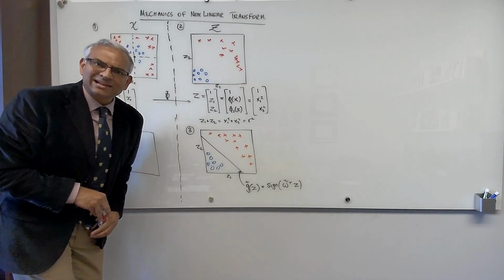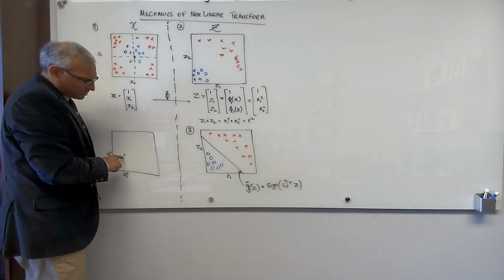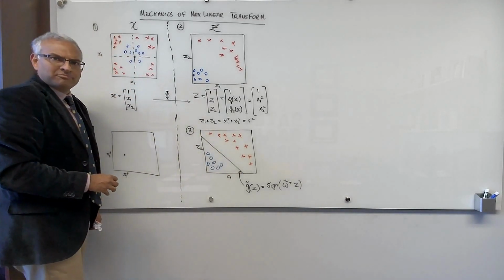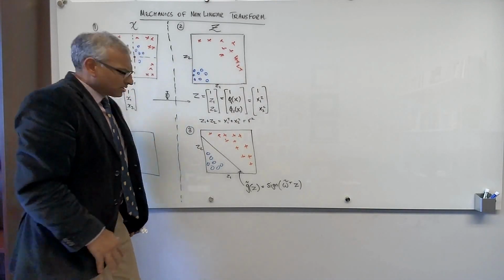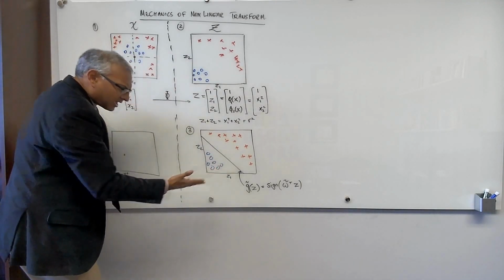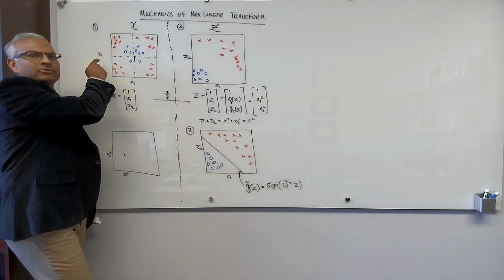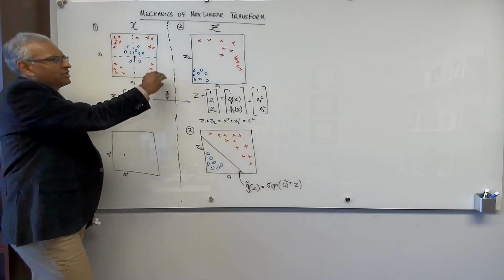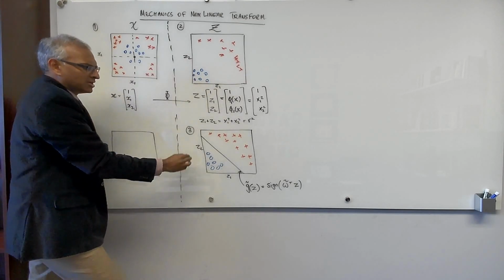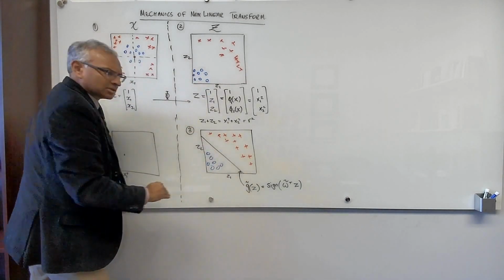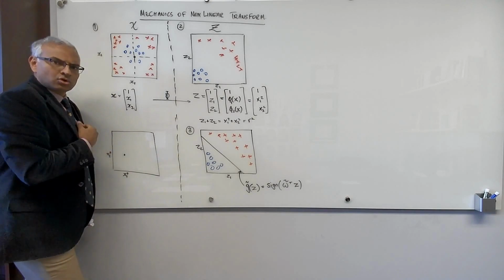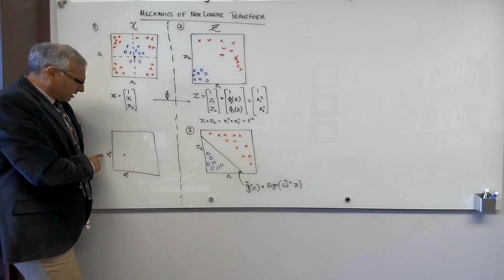So how does the client use this classifier that you have built in this weird new space? How does he deploy that in the real world, which is his original space? He's only going to measure income and age. But you've done some weird thing to get 2 new features, and you've done some magic here and gotten a separator. But when he needs to use your model, he's going to come with income and age.